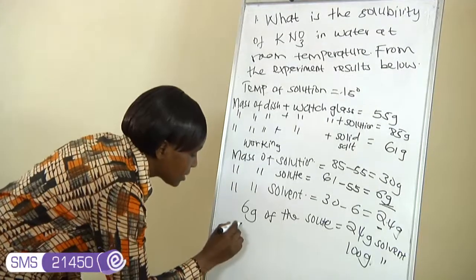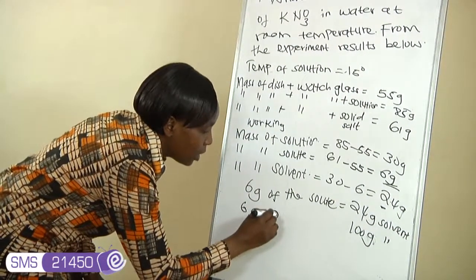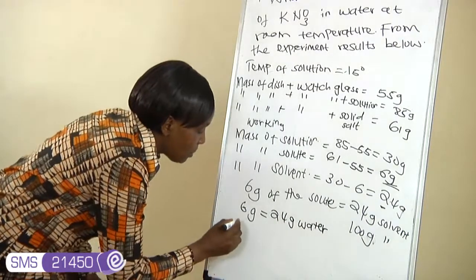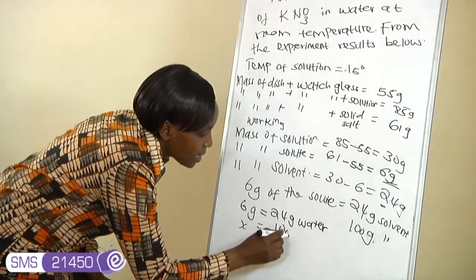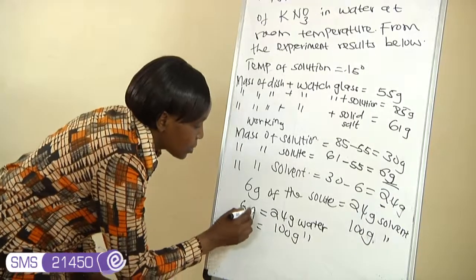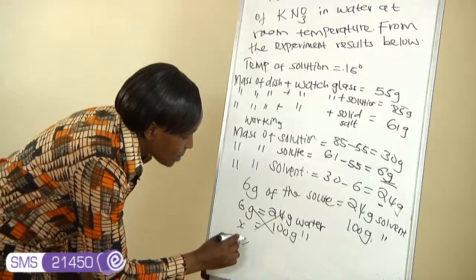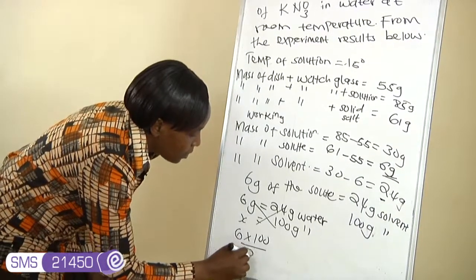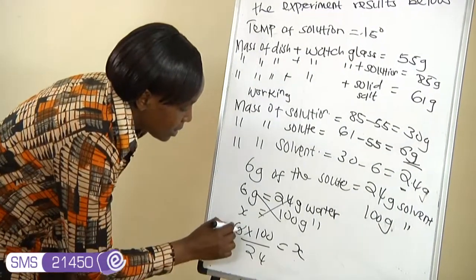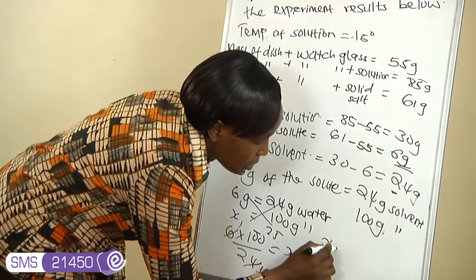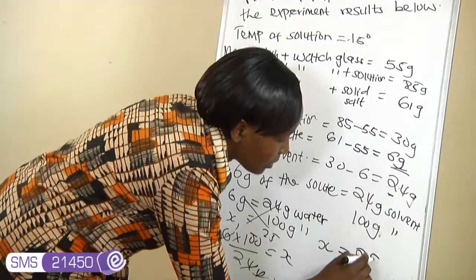Therefore, if 6 grams is in 24 grams of water, how many grams are in 100 grams of water? So this one becomes our subject, and from here we can say that 6 times 100 over 24 is equal to our x. Six ones are 6, four sixes are 24, so it simplifies to 25. So our x is equal to 25 grams.